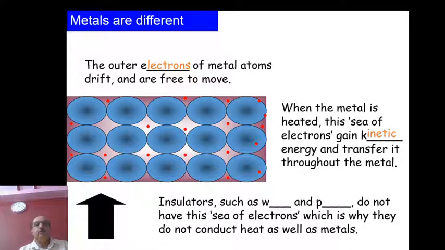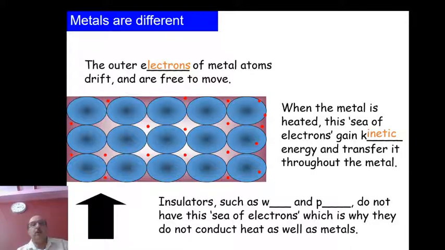Now, if we consider the metal conducting in another way, the outer electrons of the metal atoms drift and they are free. They are free to move on the metal surface.